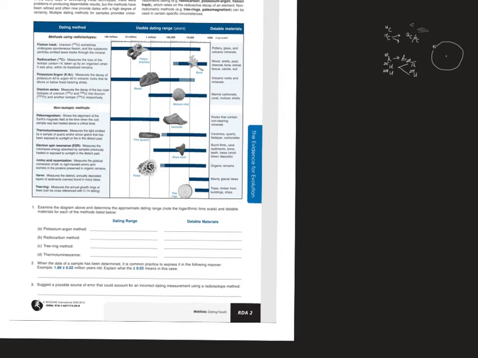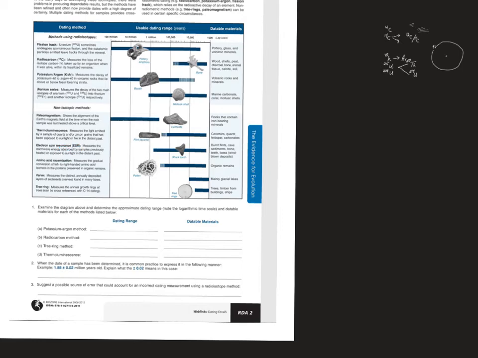So they're able to use this electron spin to measure how much microwave energy can be absorbed by material that's been heated or exposed to light, very similar to thermoluminescence, except they're going to look at the electron spin, the direction of the electrons in a machine, and be able to date the rock. Again, I'm not familiar with the process.